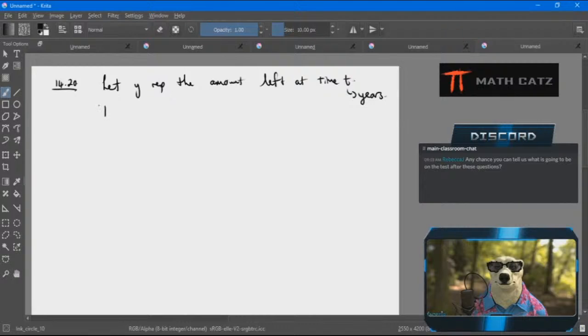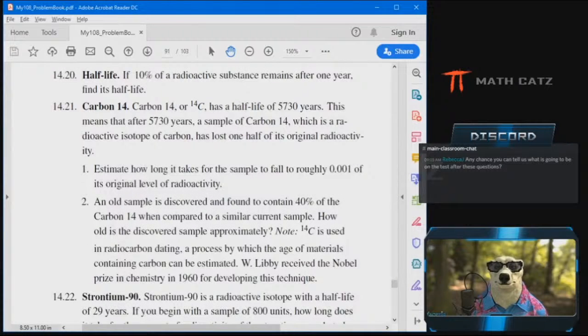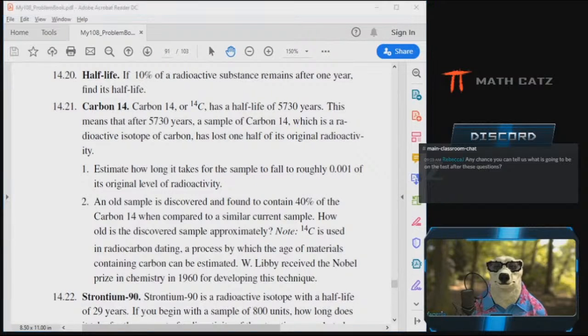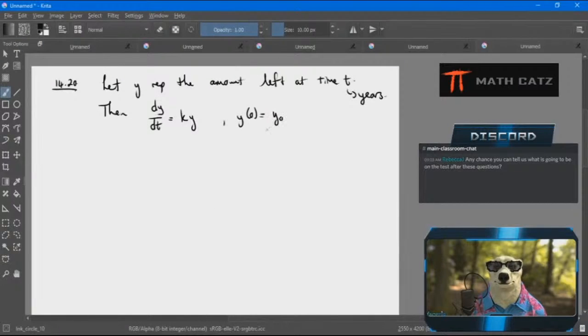Now, I am always going to have the information that I translate to my differential equation, which is some decay constant times my function. Then we go about our business. Oh, we need an initial amount, right? We don't know that either. 10% of a radioactive substance remains after 1 year. They don't tell me anything, so I have to leave that general as well.